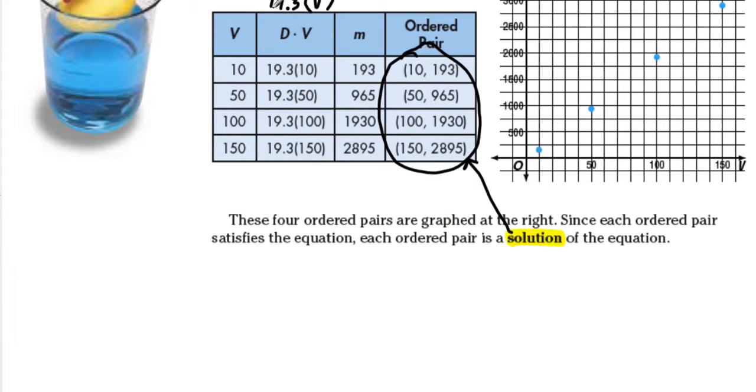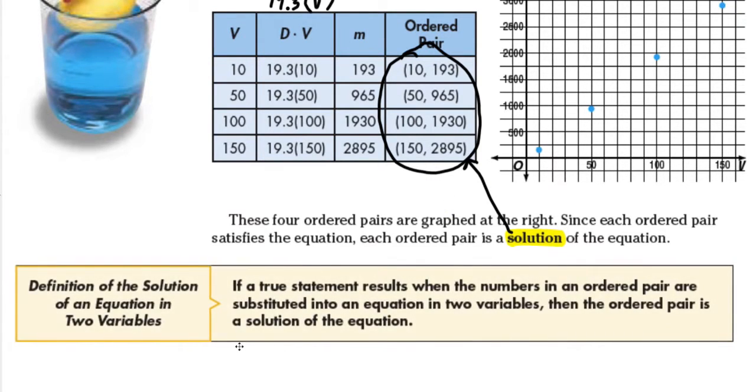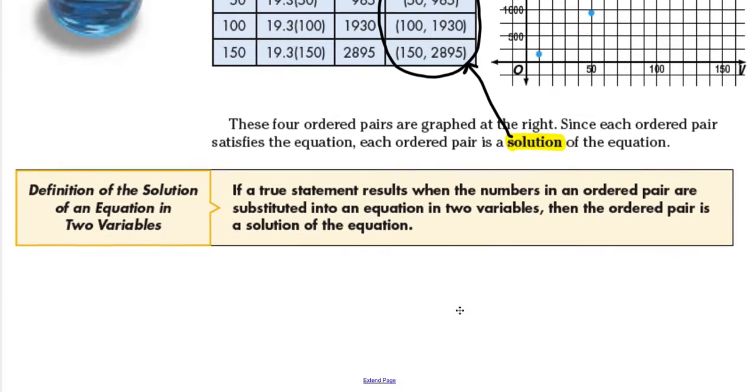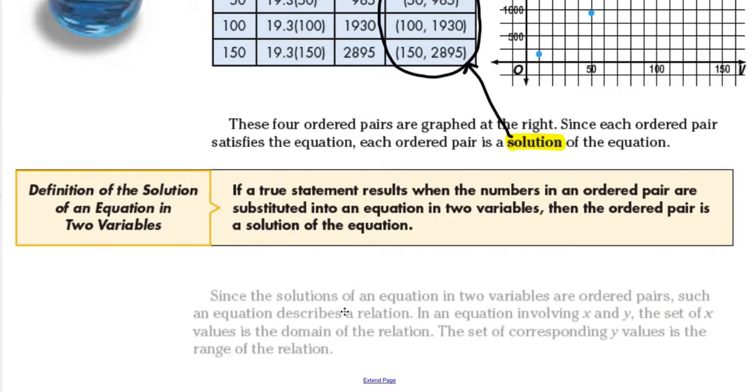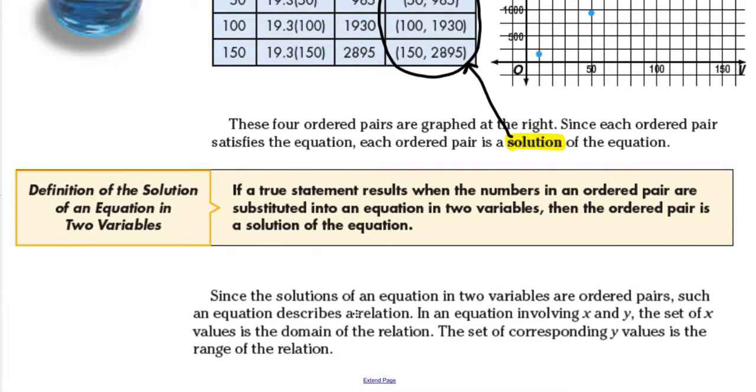So let's define a solution to an equation. Definition of a solution to an equation in two variables: if a true statement results when the numbers in an ordered pair are substituted into an equation in two variables, then the ordered pair is a solution of that equation. Since the solutions of an equation in two variables are ordered pairs, such an equation describes a relation.